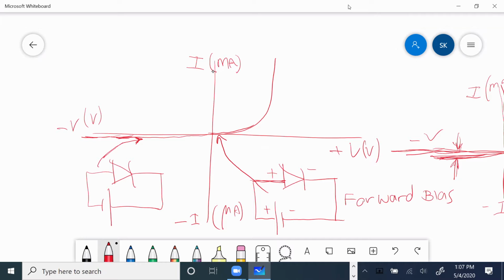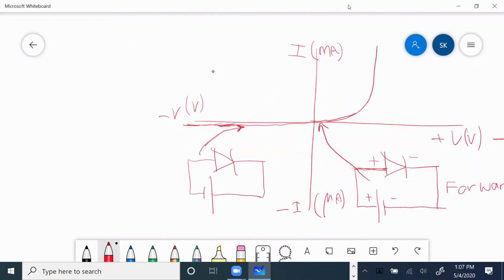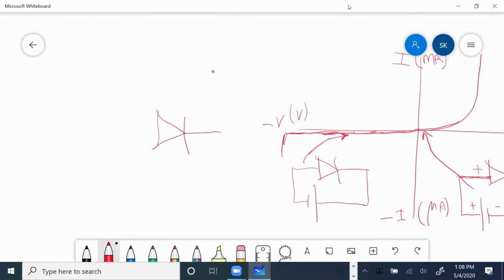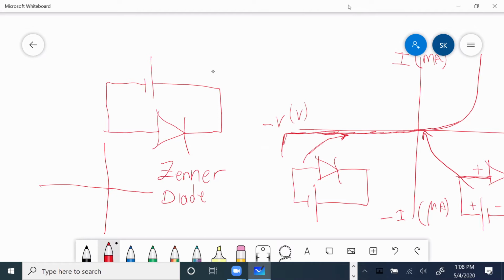Right. Okay. Since this diode can operate this way, and since on reverse we can apply voltage and it can go so far and then suddenly break, we can manufacture a diode which we call Zener diode, a manufacturer specific design diode, that when we reverse bias it, we have specifically designed a structure that we use in that reverse direction, and when it wants to break, it does break the current.